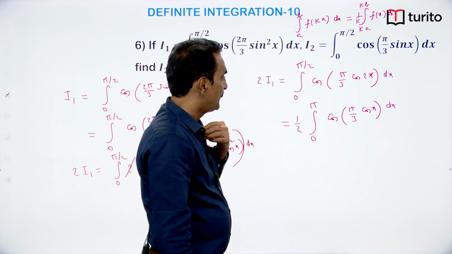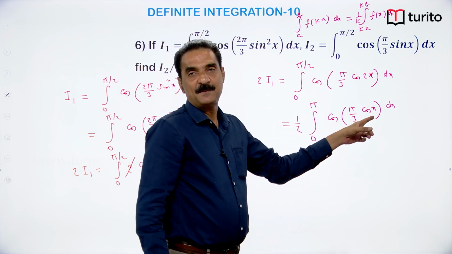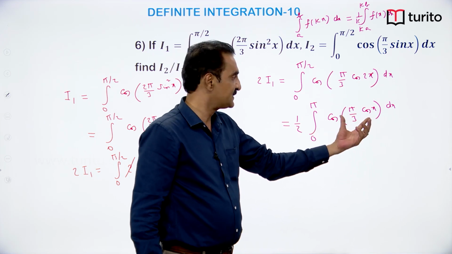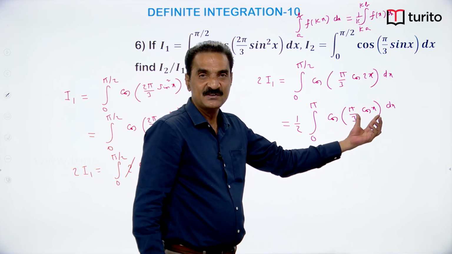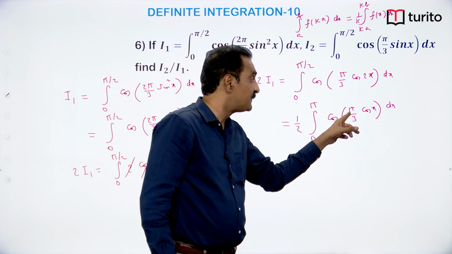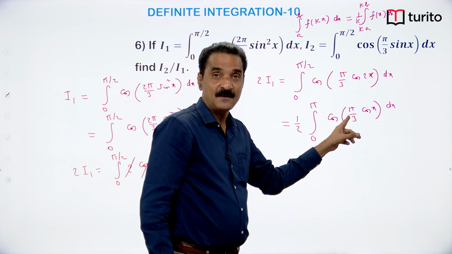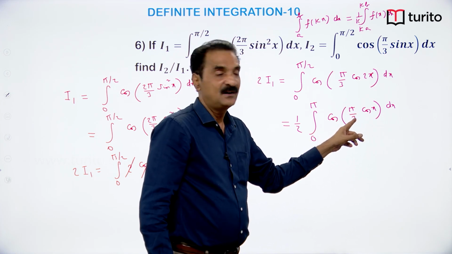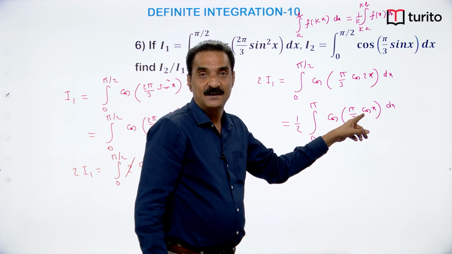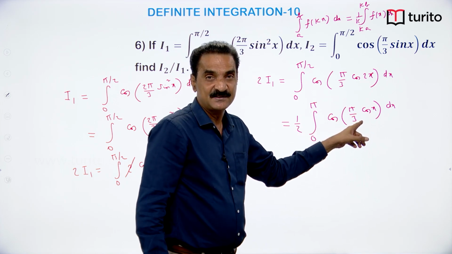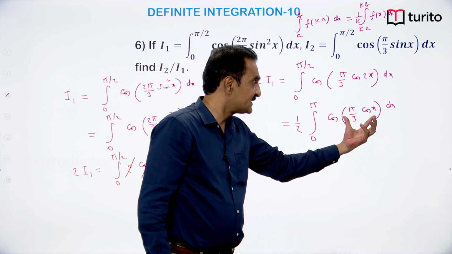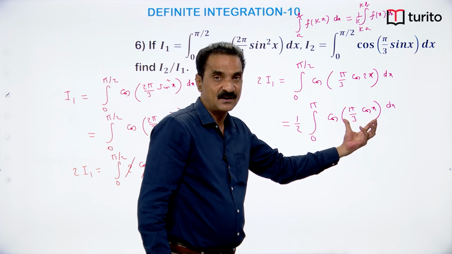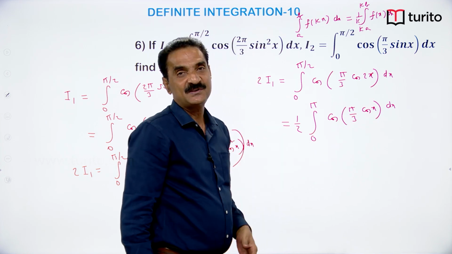So, what to do? Replacing x by pi minus x, upper limit minus x, what are you getting? Cos of pi minus x is minus cos x. But cos of minus x is cos x. So, the function remains the same. Replacing x by pi minus x, you will get a minus sign inside, but cos of minus theta is cos theta. So, the total function remains the same.